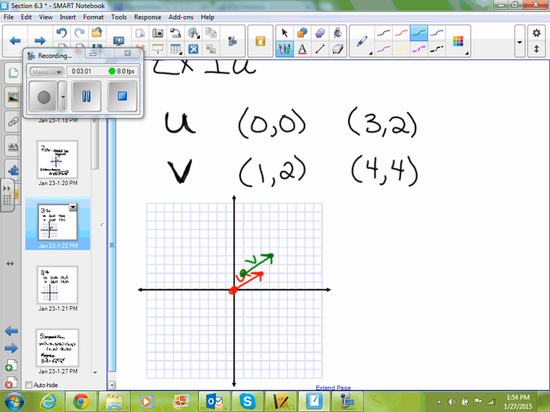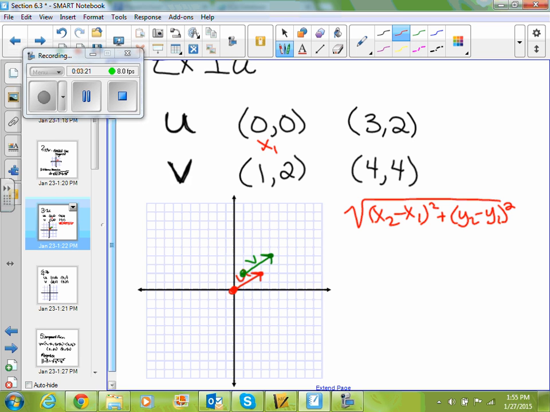And the problem asks us to verify whether or not these have the same length. So we're going to use our distance formula, which is the square root of x2 minus x1 squared plus y2 minus y1 squared.